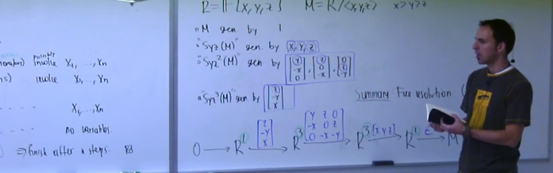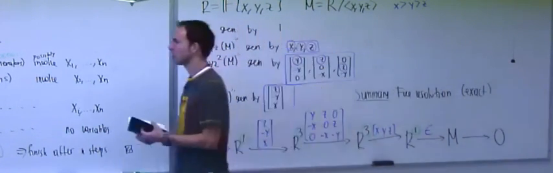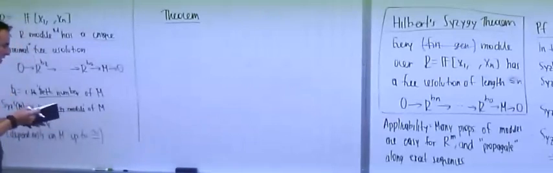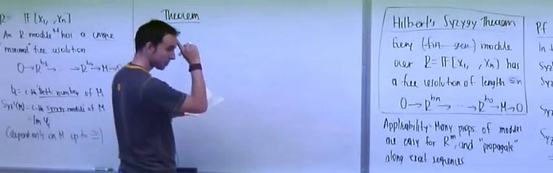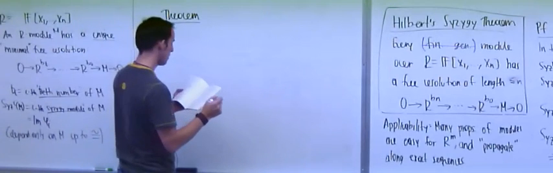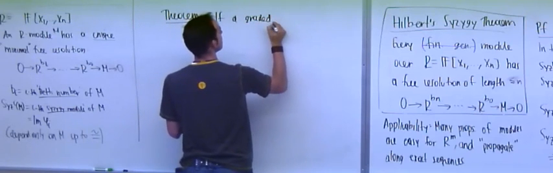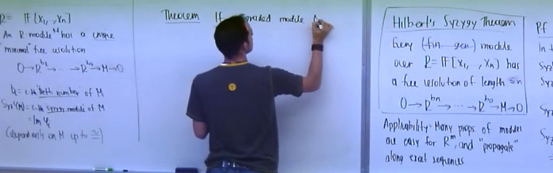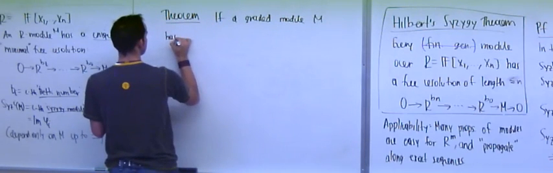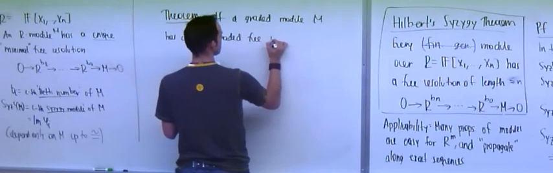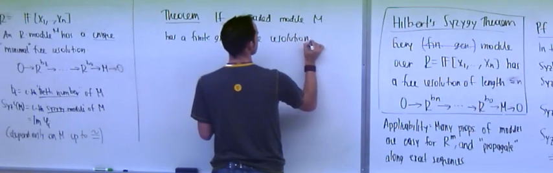Now, I want to just finish by stating a theorem to get you excited about this Hilbert syzygy theorem. It says this: if a graded module M has a finite graded free resolution that looks like this.